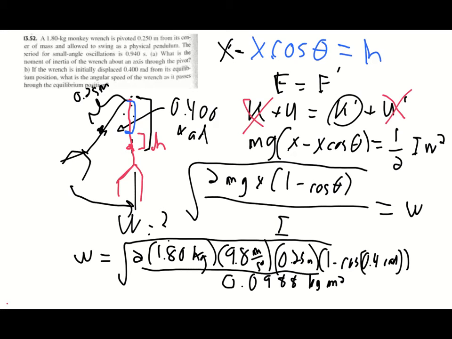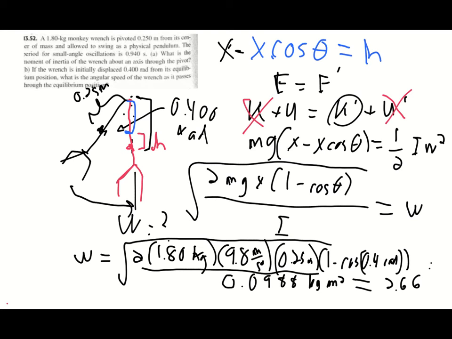So the kilograms are going to go away, and both meters are going to go away. I'm going to have 1 over second squared, which is good. When I solve it all out, I get 2.66. That's 1 over second squared, which is just going to be 1 over seconds when I take the square root.